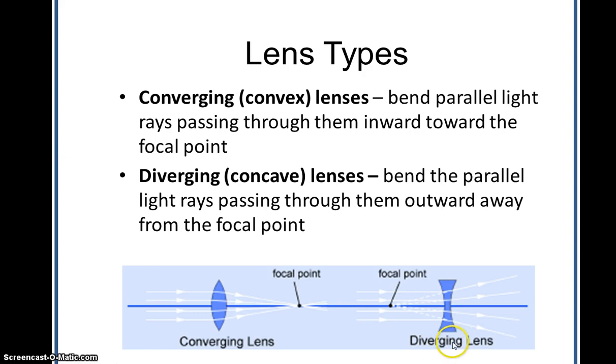Places where you might see a diverging lens would be in someone's eyeglasses that's nearsighted. Typically the diverging lens is not used nearly as frequently as converging lenses. Converging lenses would also be in things like binoculars and telescopes and things of that nature as well. But notice what a converging lens does to light. A convex lens brings them together. Diverging spreads them out.